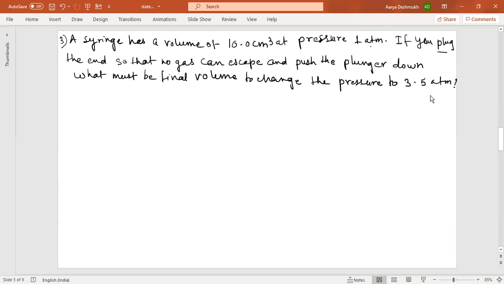So for this one, what is P1? By reading the problem, you will easily understand that initial pressure P1 is 1 atmosphere, isn't it? V1, that is initial volume, is 10 cubic centimeter. And P2 is 3.5 atmosphere. And you need to find out V2.